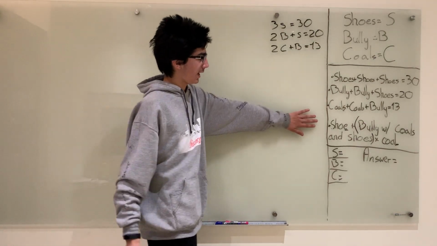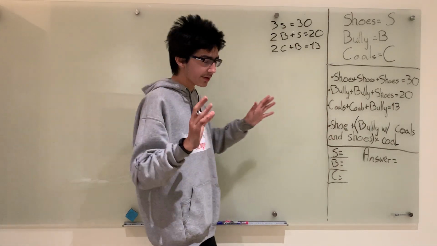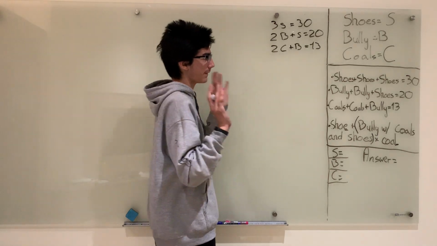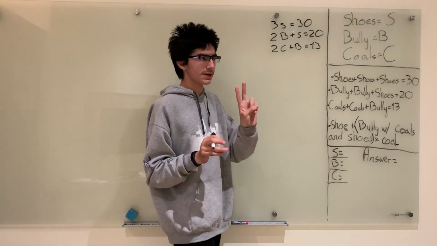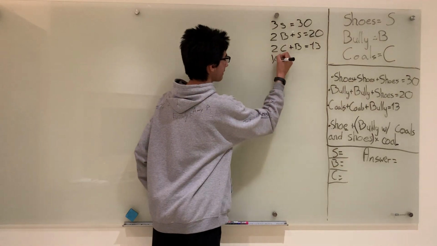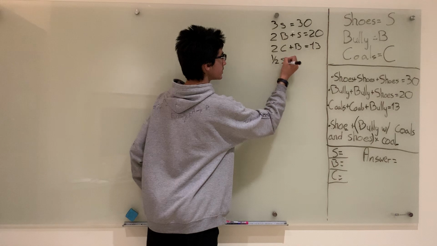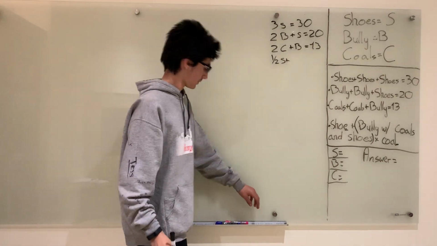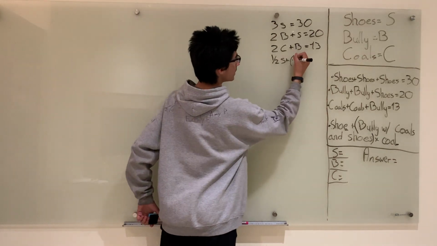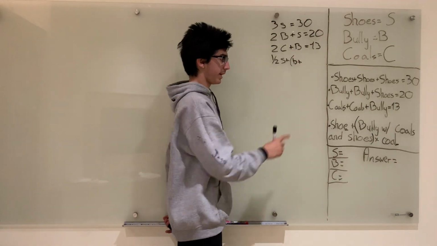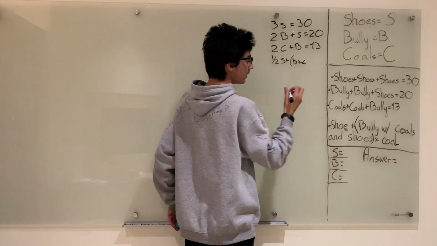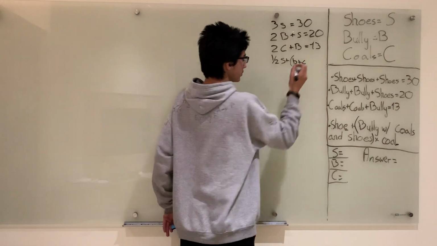Then for our last one, I put parentheses around it so it's a little easier. We have a single shoe, so that's half the amount of shoes you get in a pair. 2 shoes in a pair, 1 shoe, that's 1/2. So half the amount of shoes plus a bully, so the quantity of a bully with coals, two things of coal, and he's wearing 2 shoes.